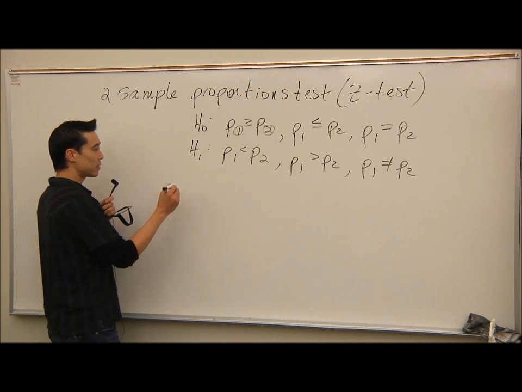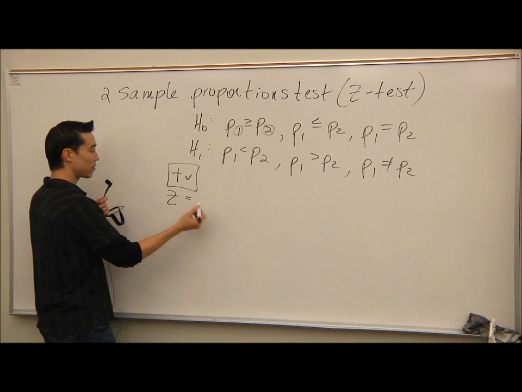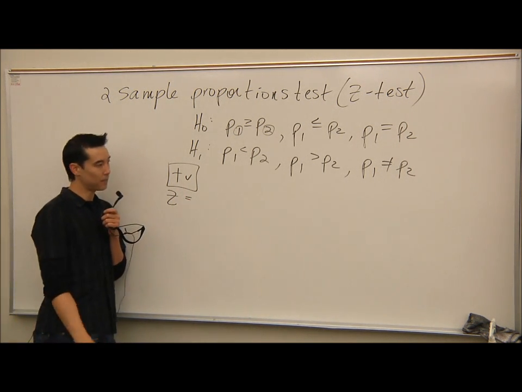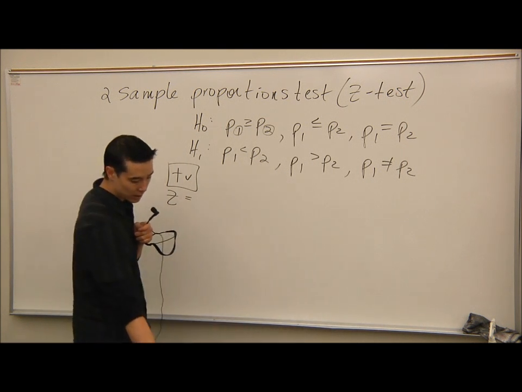The next thing I need to tell you is what the test value formula looks like. So let's get that out of the way. It's a little bit more complicated, so I'll have to define a couple of things in it. Okay, so here's what your test value formula looks like.